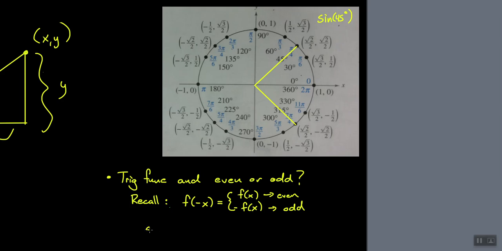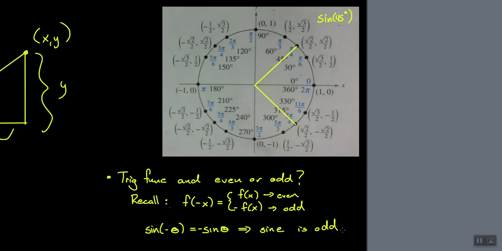Check it out. The fact that we know that sine of negative theta is equal to negative sine theta. This implies that sine is a what function? Sine is odd.